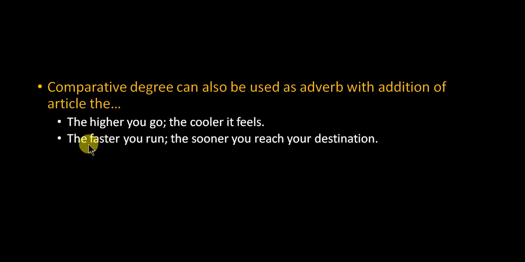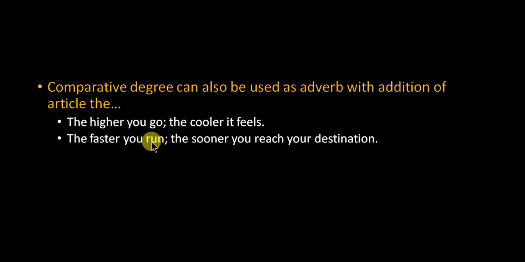And a second example: the faster you run, the sooner you reach your destination. You understood very well, dear student. If you run fast, you will reach your destination in a very short time. So we use the article the with the comparative degree as an adverb, because these qualify the action. You know what an adverb is?